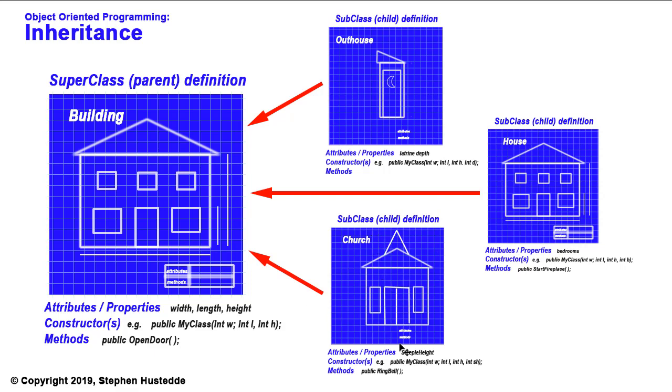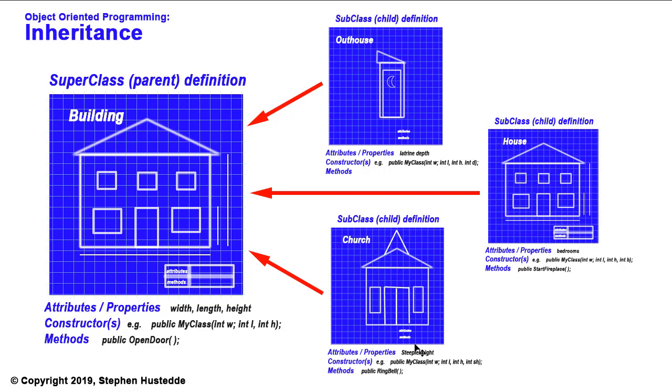It also is inheriting from building, so it's got the width, length, and height, but it has another property, which is the height of the steeple. And that steeple height is not going to be in an outhouse or in a house. It's unique to the church. And there's a unique method here to the church, which is going to be public void ring bell. The outhouse and the house are not going to have that method.